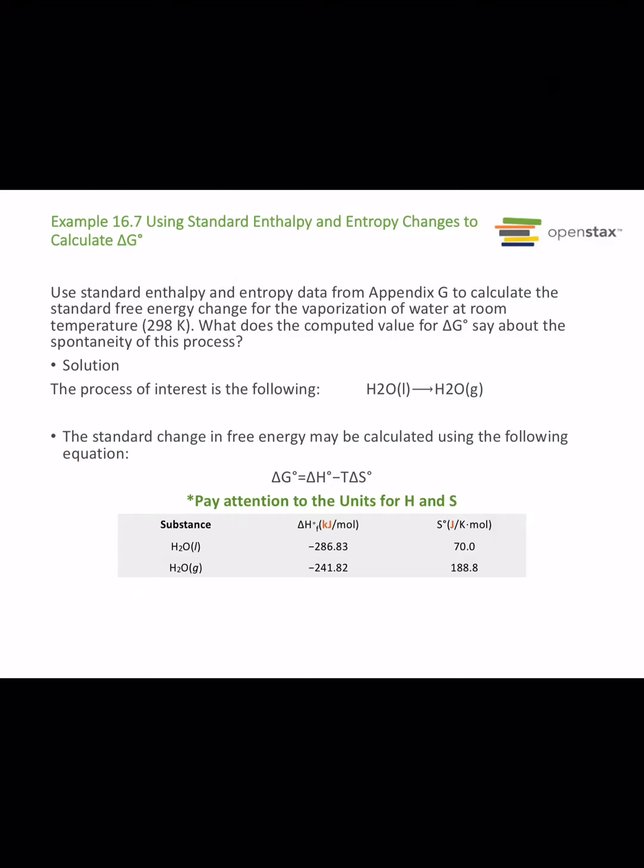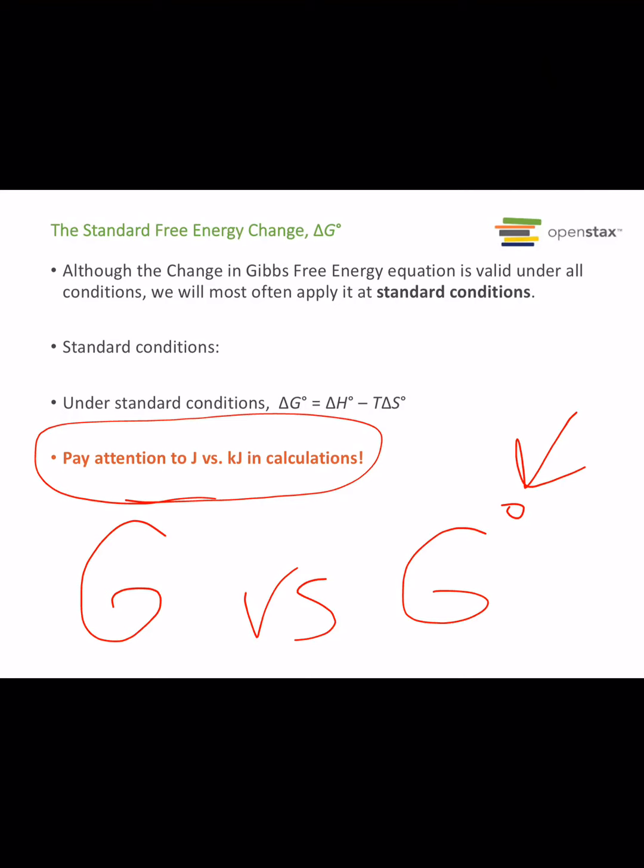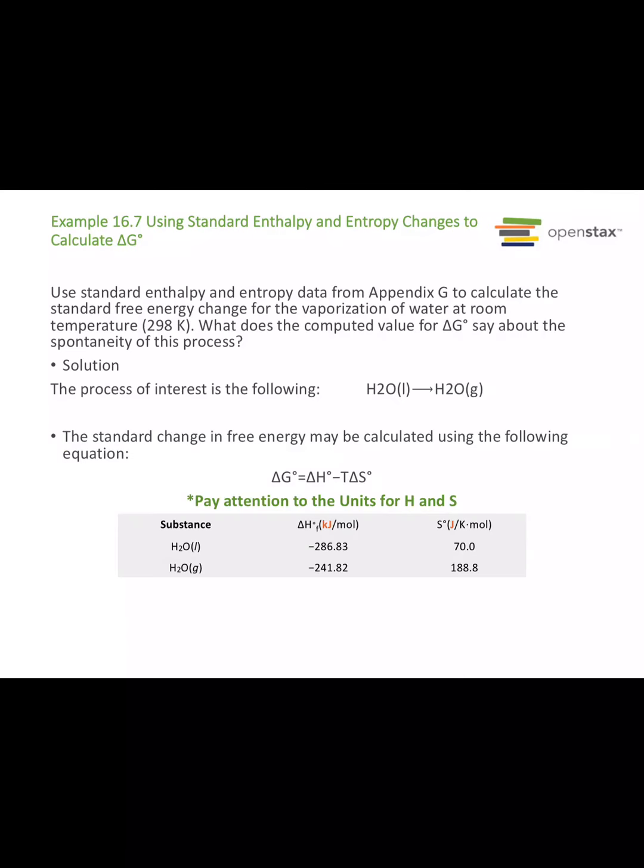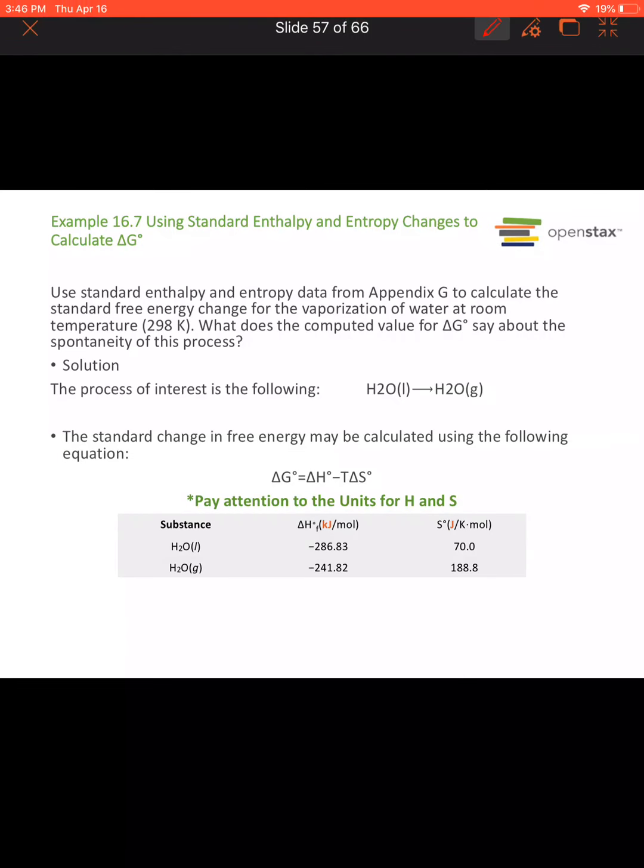All right, so example 16.7 in your book goes through calculating delta G for when liquid water changes to vapor. So we have this reaction here. And before we can calculate delta G of this reaction, we have to calculate the delta H, the change in enthalpy.